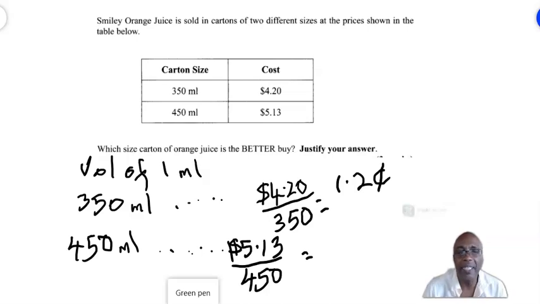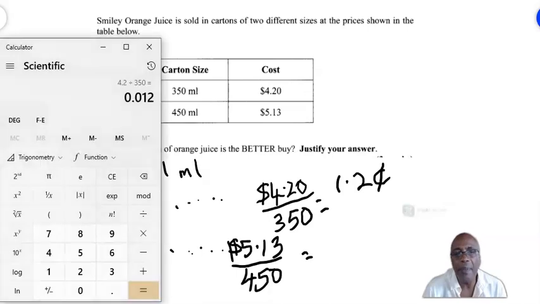Let us find the cost of 1 mil of the 450 mil can. So $5.13 divided by 450. And we get the answer as $0.0114.